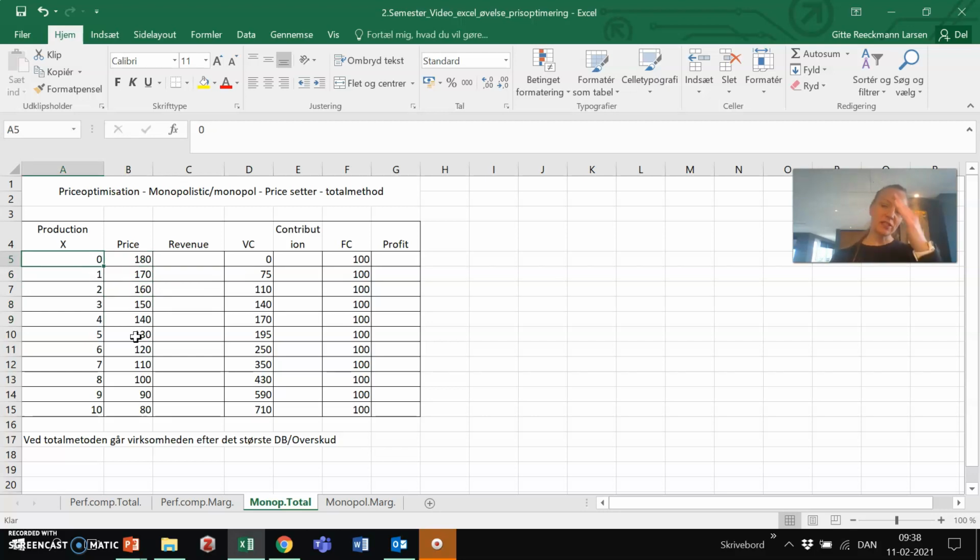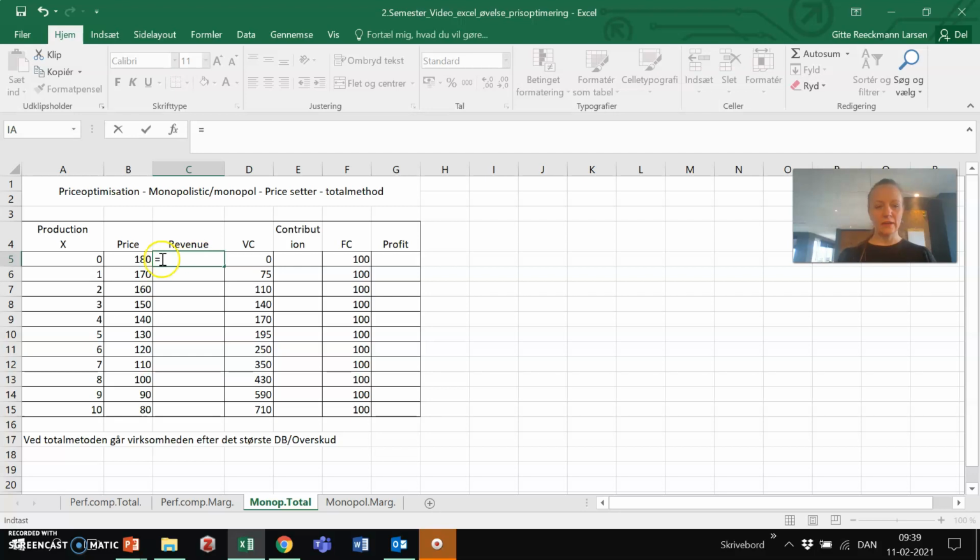So every time price goes up, sales goes down. Price goes down, sales go up. So there is a negative relationship between those two, at least on normal goods, all right? So this, by looking at the numbers, you can see we are now talking about monopolistic competition or monopoly. So, but basically the methods are the same.